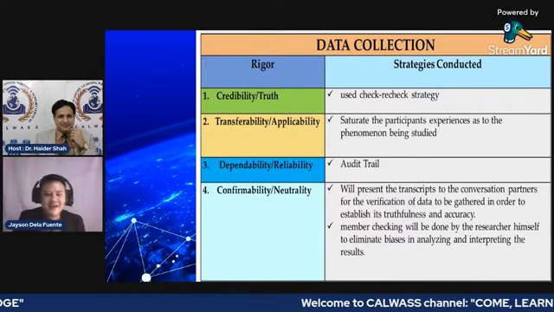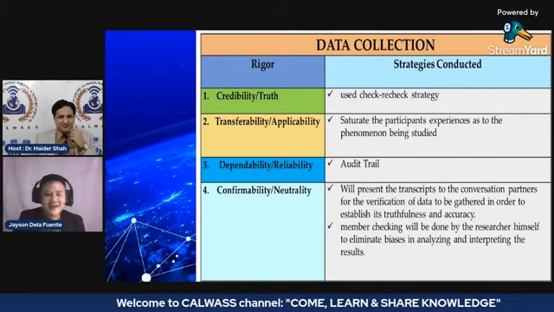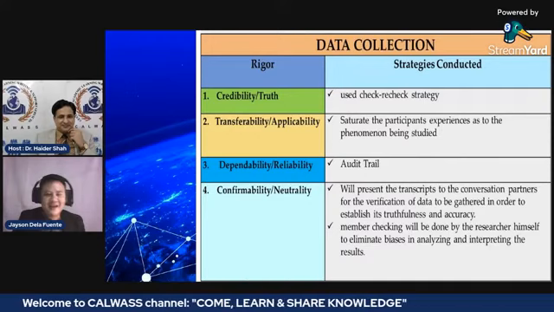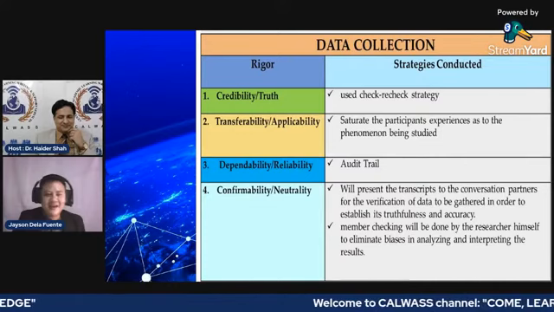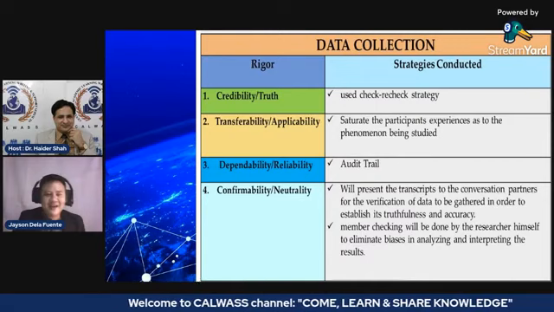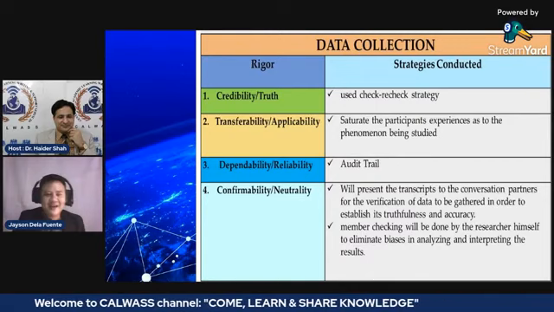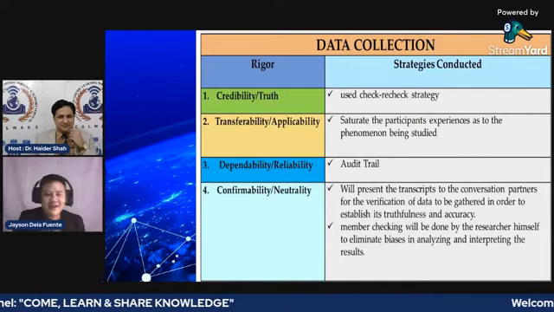But in qualitative research, we don't have that. But we can validate and say that our findings are valid and reliable because of what we call rigors. What are these? Credibility, or truth. How are we going to have this? We check and recheck the responses of our participants.